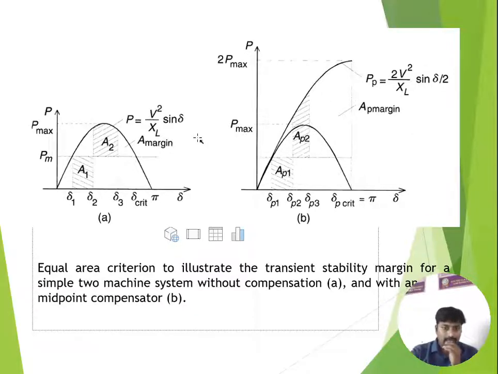That's why, from these two figures, we can clearly say that after applying the midpoint compensation, along with the active power transfer capability, the transient stability limit is enhanced. So this is related to the enhancement of transient stability.